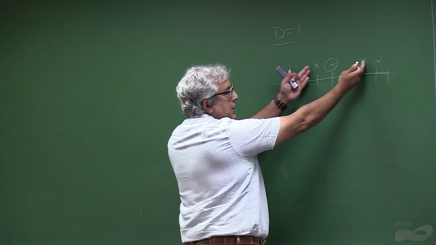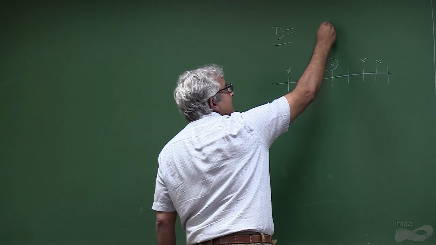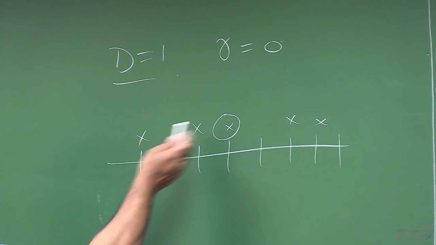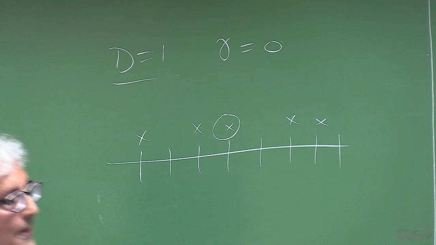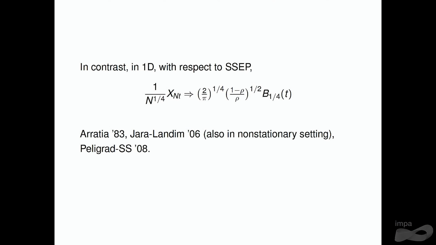So it's constrained between these two particles. Since we're in the symmetric case, nobody is moving much, and so it seems reasonable that one should have subdiffusive behavior. It turns out that you have this fourth root scaling.